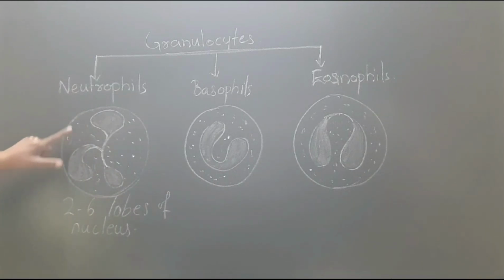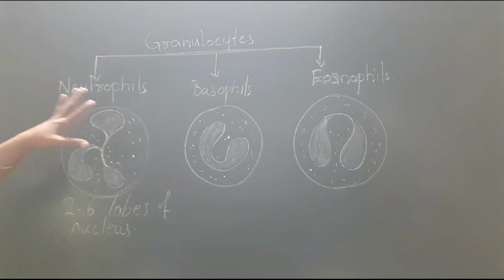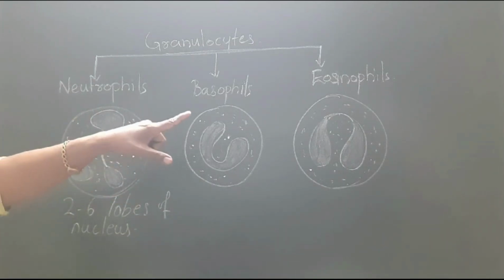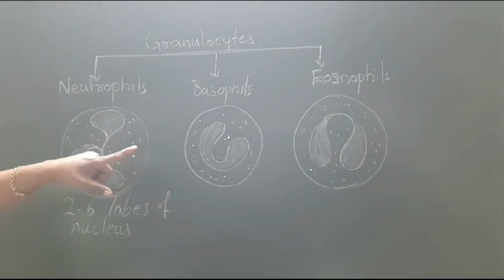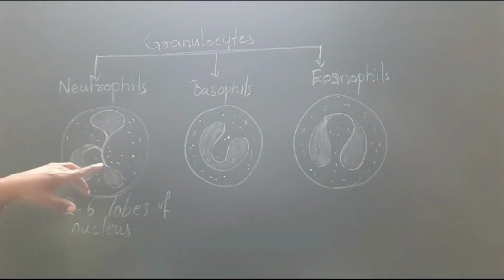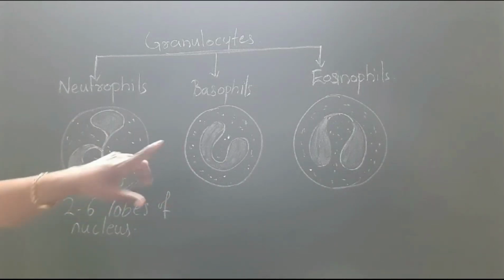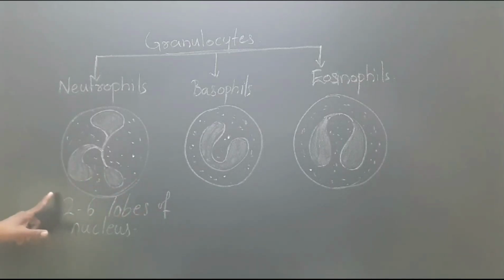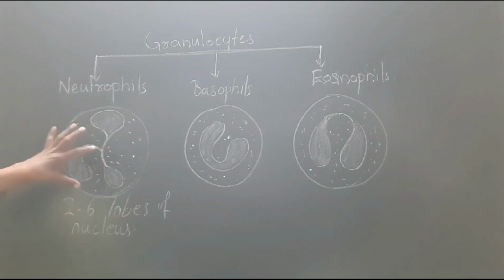Here only 3 lobes are shown, but it can be from 2 up to 6. Basophils have a bilobed but irregular nucleus. Eosinophils have a bilobed nucleus and it looks regular.